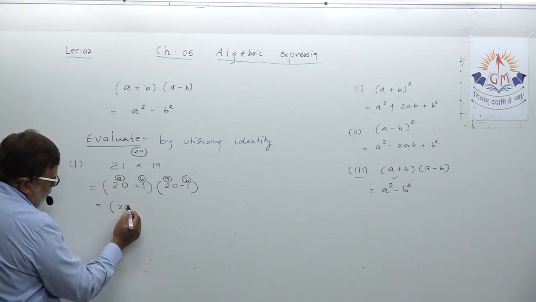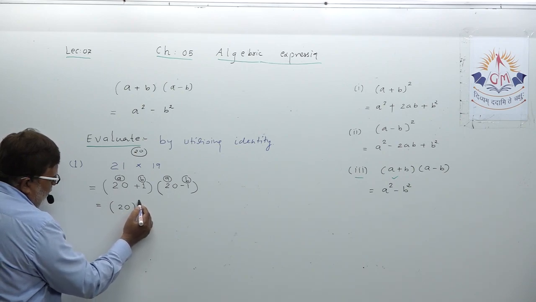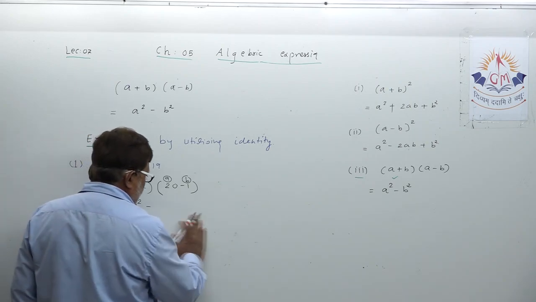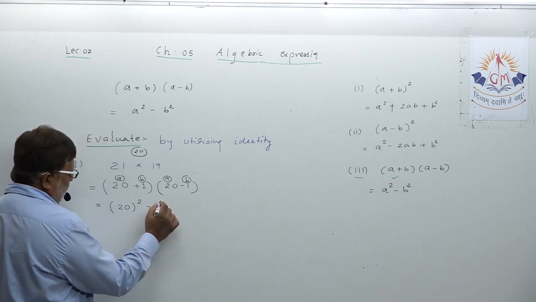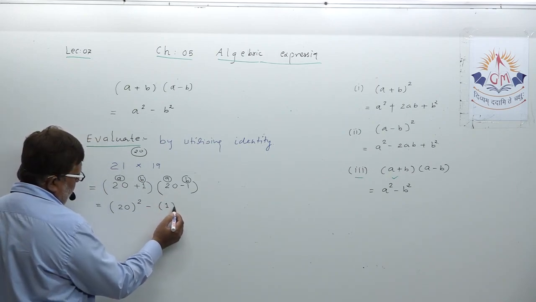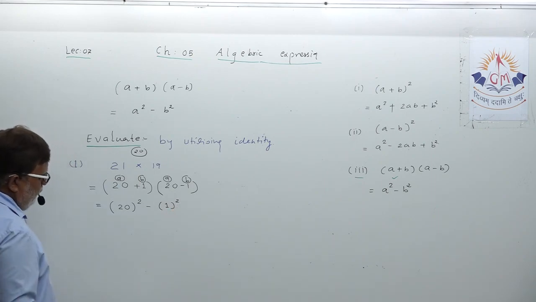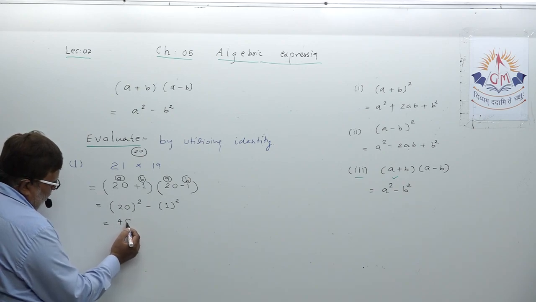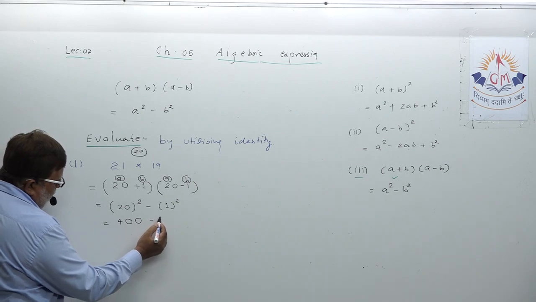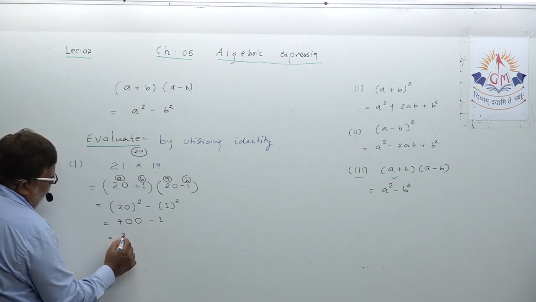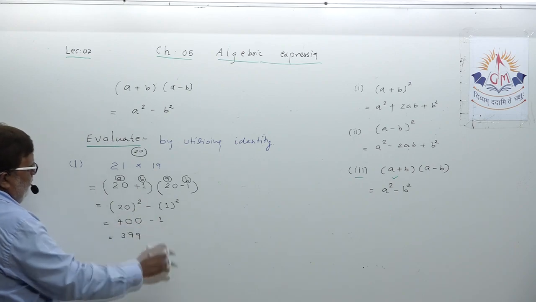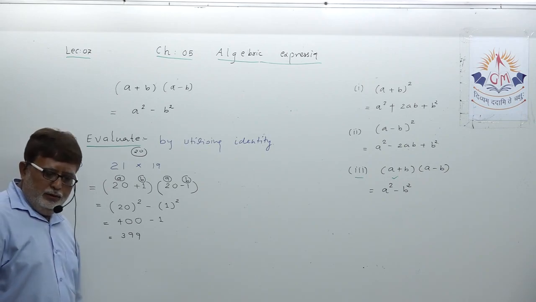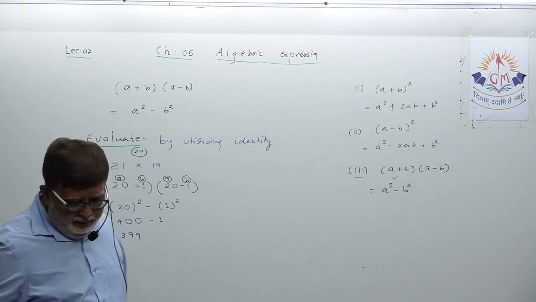So this is A square, so I will write 20 whole square, minus B square, so I will write 1 whole square. 20 square is 400, 1 square is 1, equal to 399. How to split the given two numbers has to be very clear in your mind.